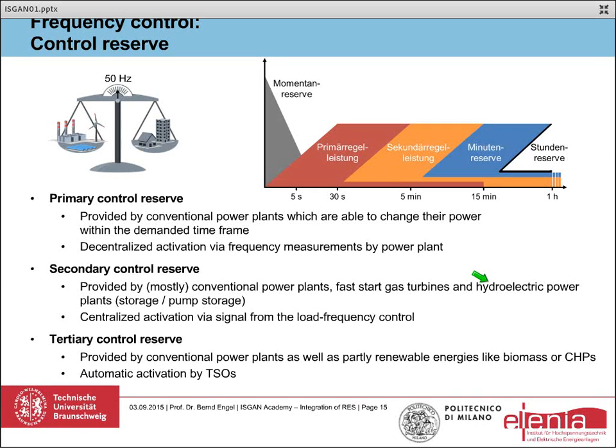First, the primary control reserve, which is seen here, provided by conventional power plants, which are able to change their power within the demanded time frame. So within 5 to 30 seconds, we can have the call of all necessary primary control reserve.